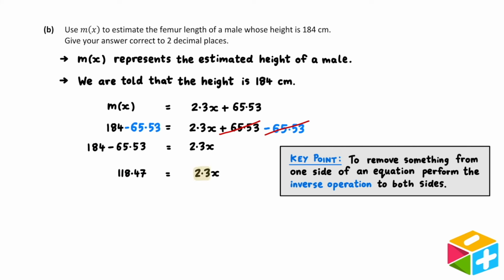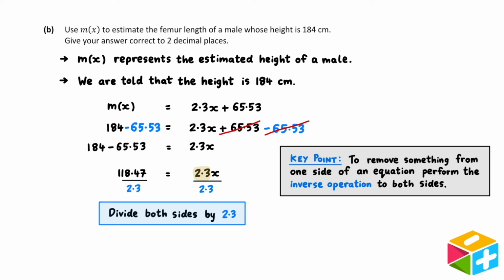Now, we'll want to remove the 2.3 in front of the x. This represents multiplication. The inverse of multiplication is division, so what we'll need to do is divide both sides by 2.3.